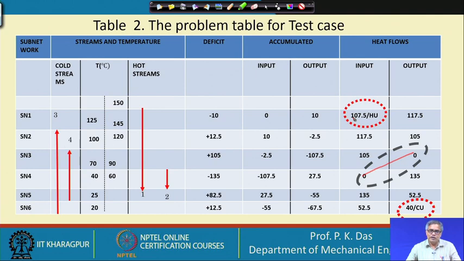And instead of 40 kilowatt of cold utility, you are using 42.5 kilowatt of cold utility, so more cold utility as well. So, there are two penalties, one in terms of hot utility and one in terms of cold utility. This is called a double penalty, and we should not have heat transfer across the pinch point. This is very important.